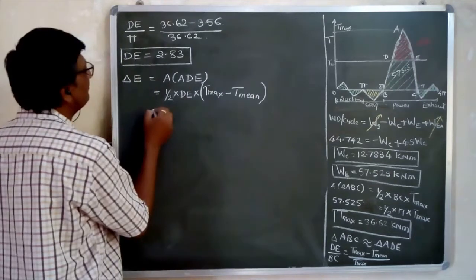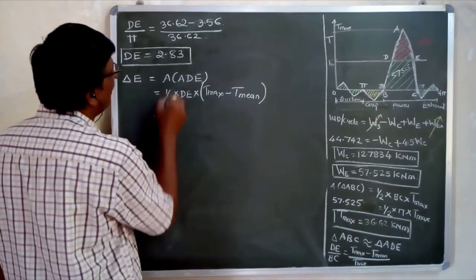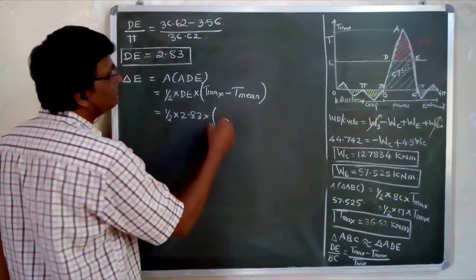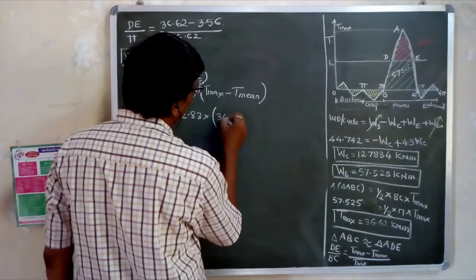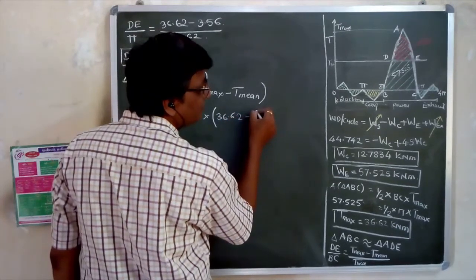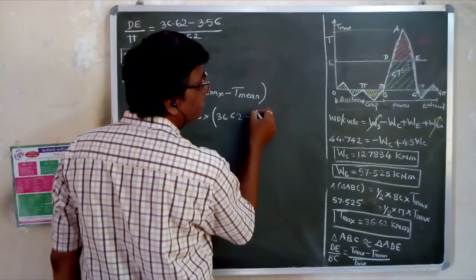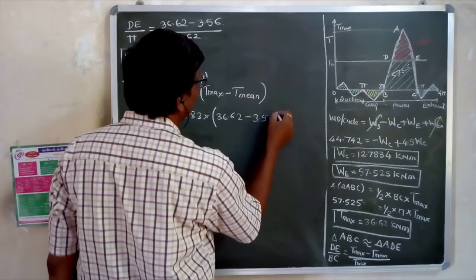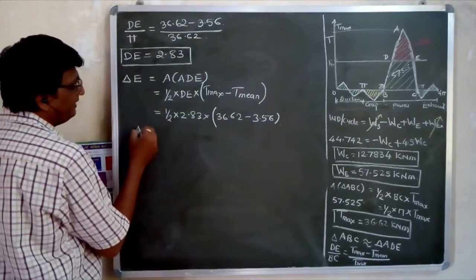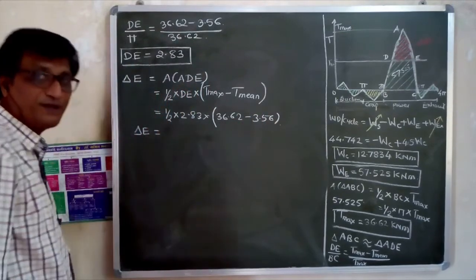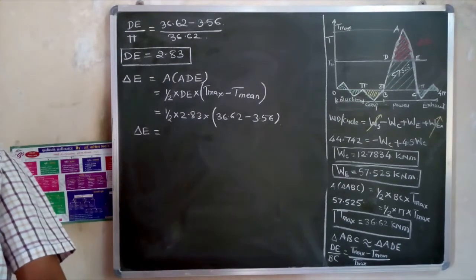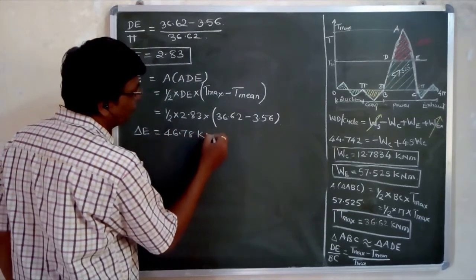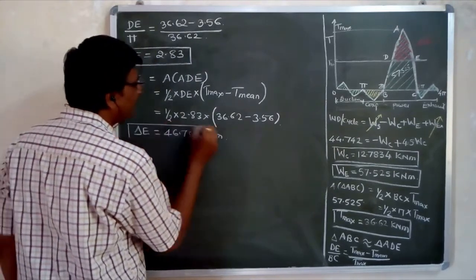Now, delta E is nothing but half of DE, which is 2.83, into T max, that is 36.62, minus T min, which is 3.56. Okay. So delta E comes out to be 46.78 kilonewton meter.